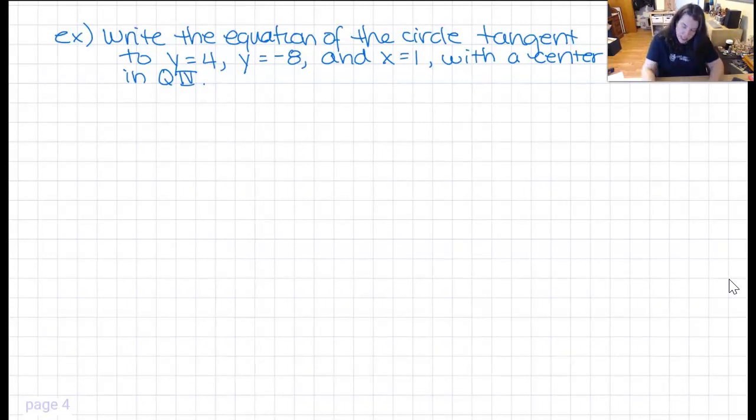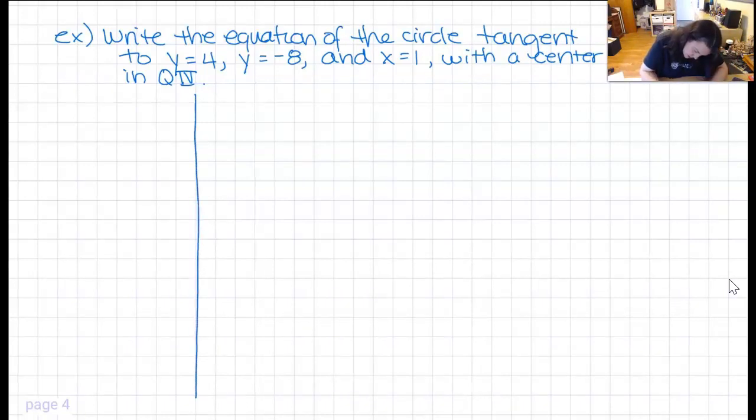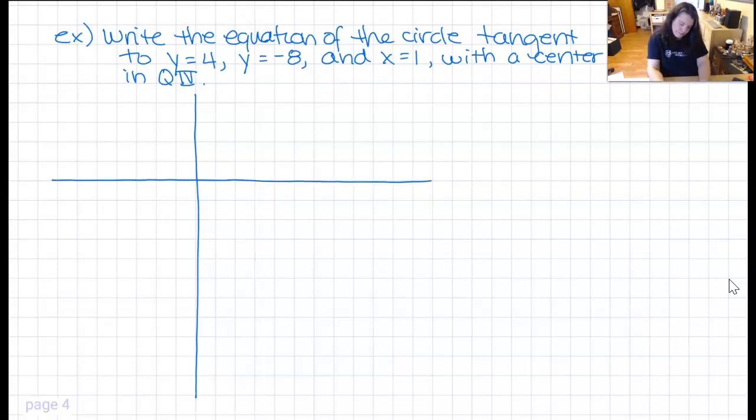Let's take a look at this. It will help if we draw a picture. So I've got to go from negative 8 to 4 on the y-axis. That should give me enough room. Okay. Remember that these lines are horizontal and vertical lines. So the line y equals 4 is a horizontal line where all the points have a y-coordinate of 4.